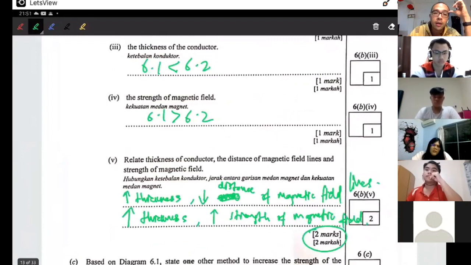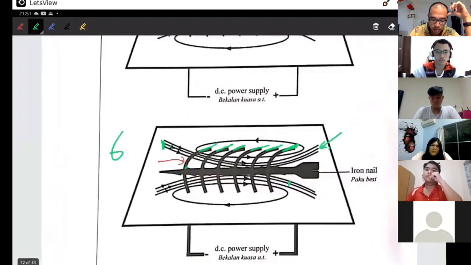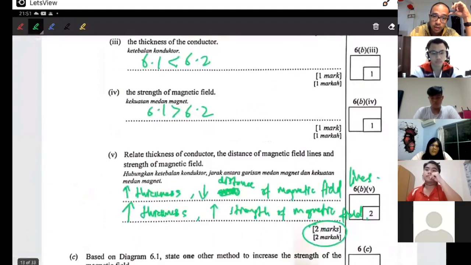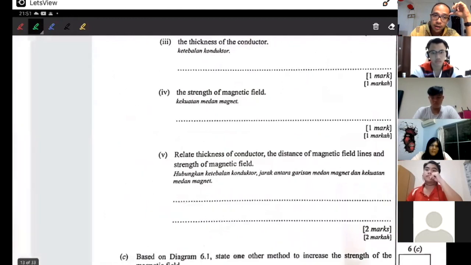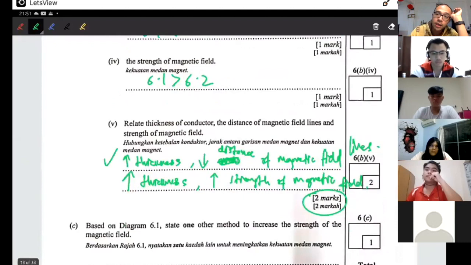Hold on now. Distance of magnetic field lines, 6.1 is bigger. But 6.2 is thicker. If it's thicker, then the distance will be smaller, correct? So this first one is correct. Now, the bigger the thickness, the bigger the strength of the magnetic field.